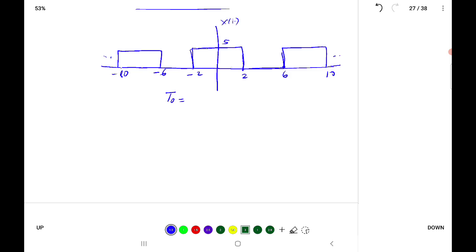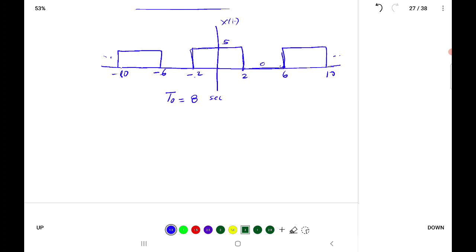So from -2 to 2, and then from 2 to 6. So you can say that the period is equal to 4 plus 4, that's equal to 8 seconds, right? So that's the period. All right. And the value is equal to 5 between -2 and 2, and 0 from 2 to 6.